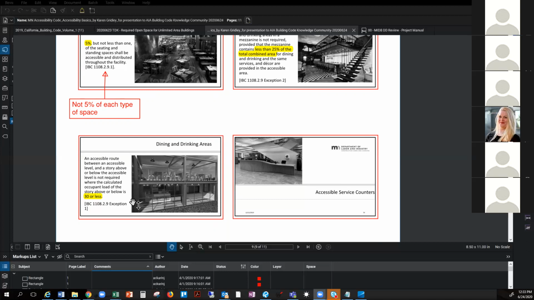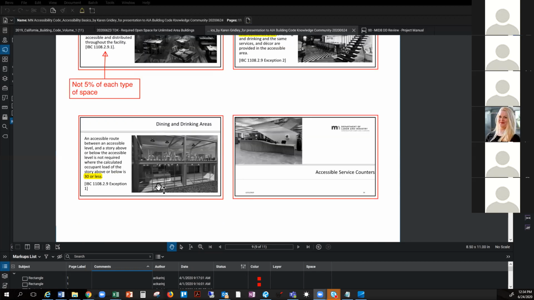That was something that came up constantly because people were always measuring based on square footage, but then it depended, what's the occupancy group? And obviously every occupancy group may have a different factor. So rather than focus on the square footage, it just said 30 or less. And then it wasn't based on the square footage anymore, it's based on the occupant load factor of the use of that space that you were addressing. So that pretty much took care of that part of it.